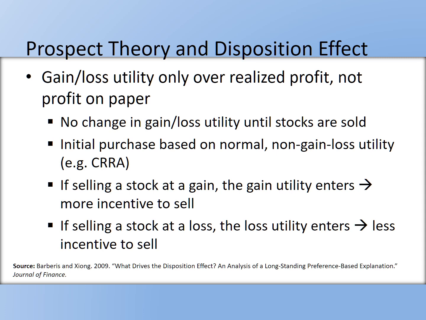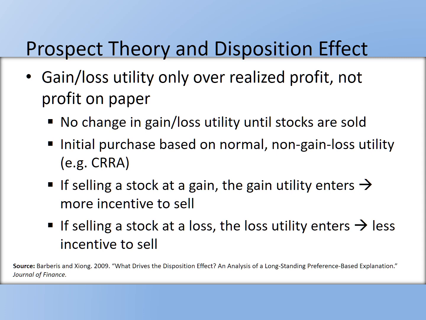That they act normally, they have this standard utility over wealth. At the moment of transaction, you have an extra boost in utility. It seems like that's actually something that people have. I will show evidence in a moment. So that's the idea theoretically. You have a standard utility over wealth.